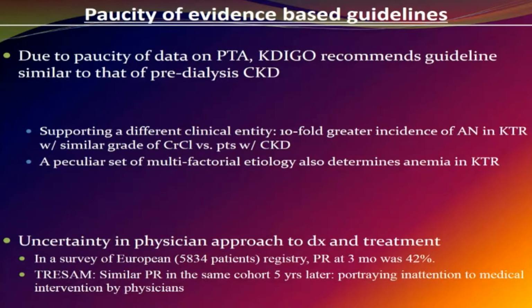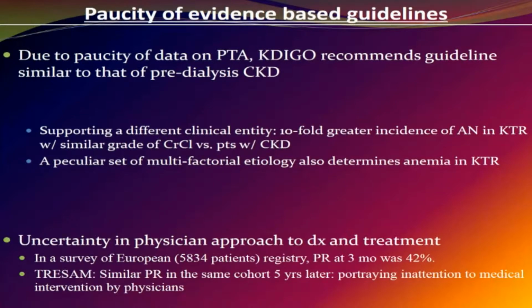In addition, a peculiar set of multifactorial etiologies tends to determine the anemia that we have in kidney transplants. Because of this confusion, there seems to be uncertainty in physician approach to both diagnosis and treatment of post-transplant anemia. In a survey of a European registry with about 6,000 patients, the prevalence rate at 3 months was about 42%.